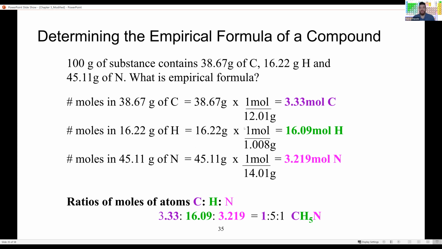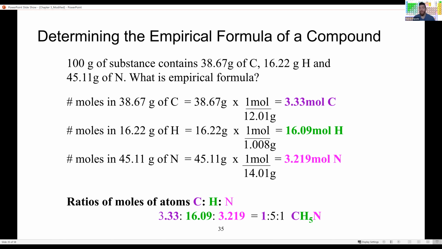So for carbon, once you divide it, you get 1.03, approximately 1. That means you can say the ratio for carbon, and look, I'm looking down here now, ratio of moles of atoms, you know that carbon is 1. It is just saying the ratio based on the moles, the molar ratio, and once you divide it, you get 1. Hydrogen, 16.09. So let's do that. 16.09 divided by the lowest number of moles, 3.219.